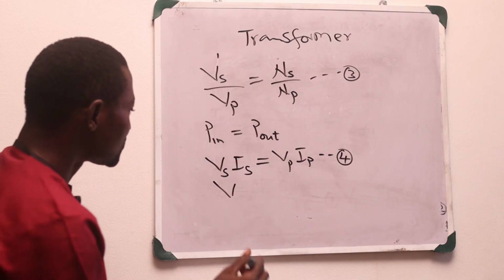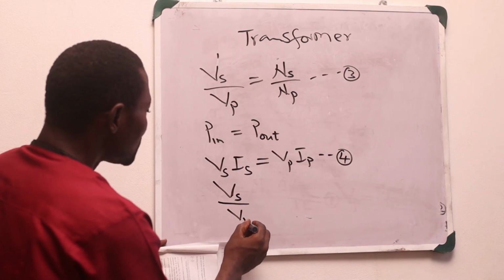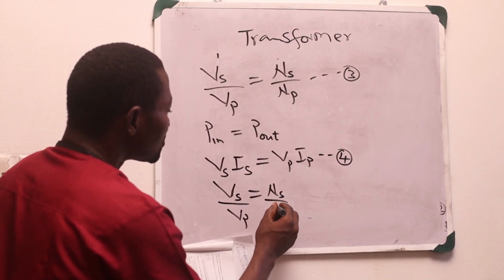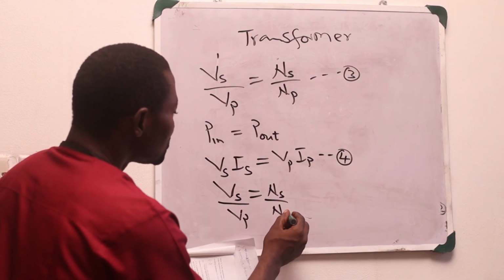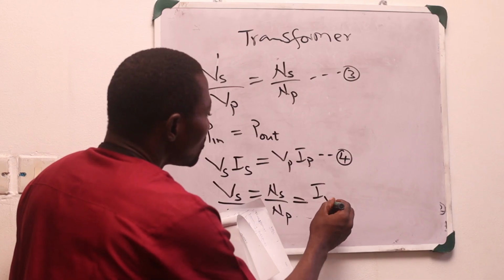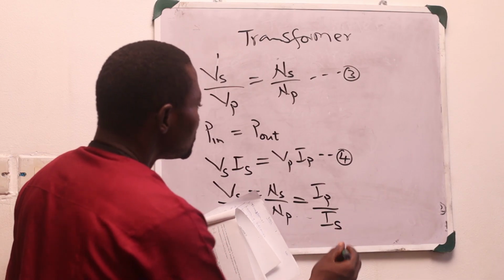If we rearrange this, we have voltage in the secondary over voltage in the primary is equal to number of turns in the secondary over number of turns in the primary, which will be equal to current in the primary over current in the secondary.